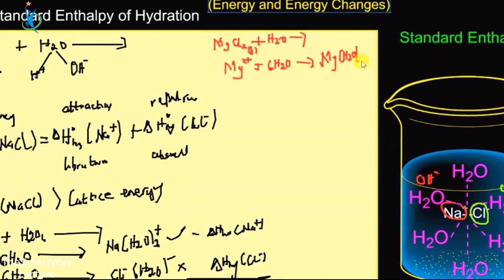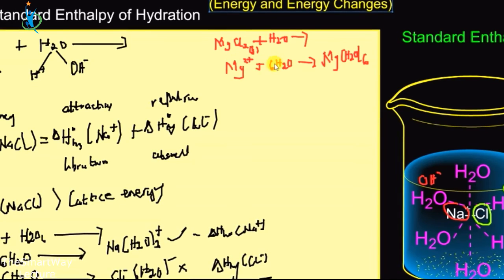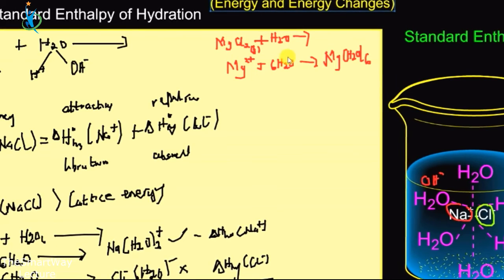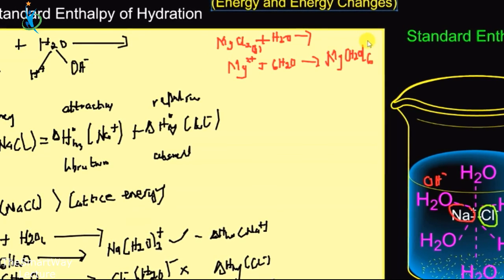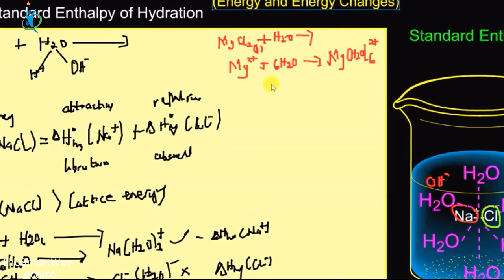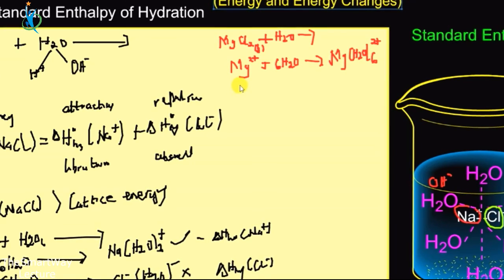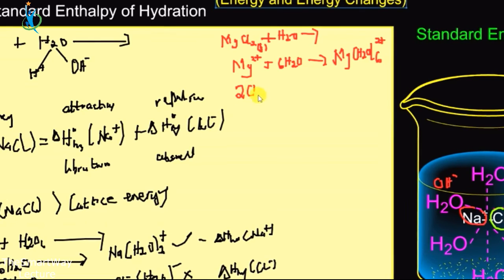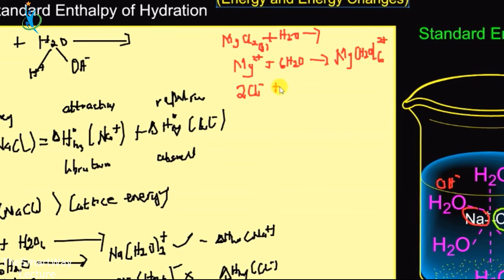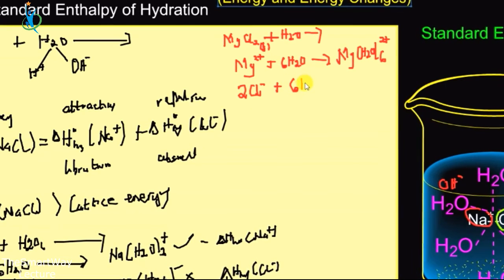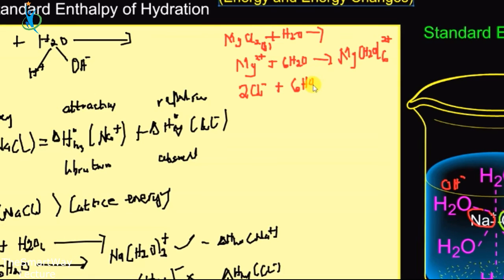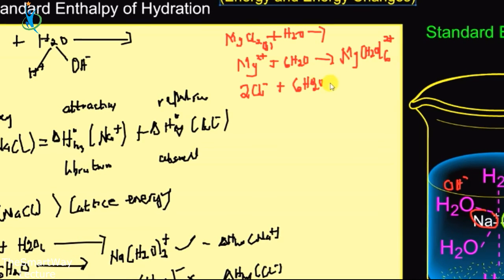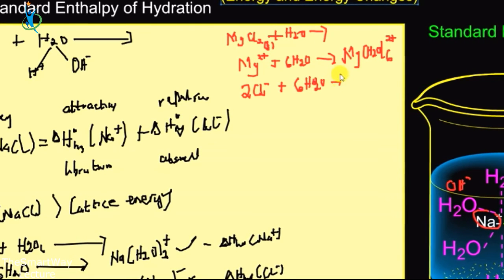We have 6 water molecules here, but the total charge on this side must be equal to the total charge here, so it is plus 2 here. And then the chloride is the same thing, but we will have 2 chlorides here, and I have 6 water molecules here.